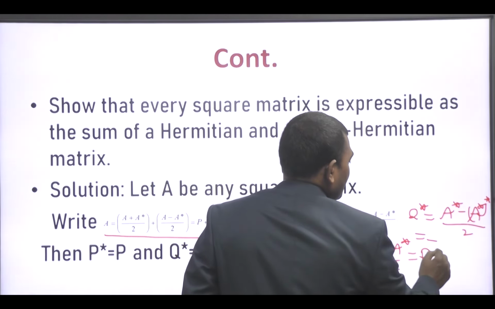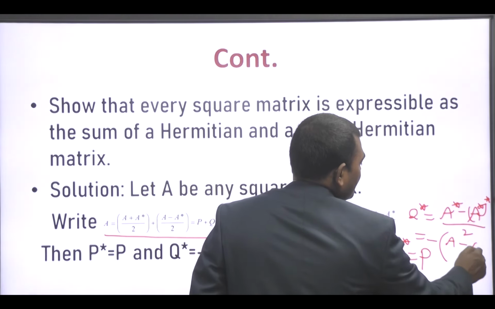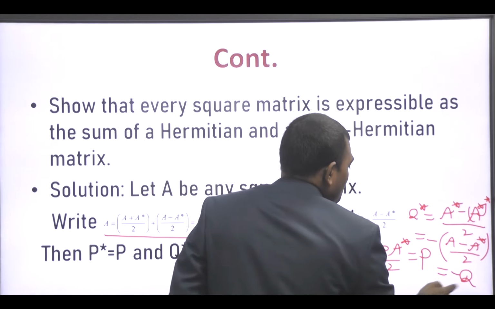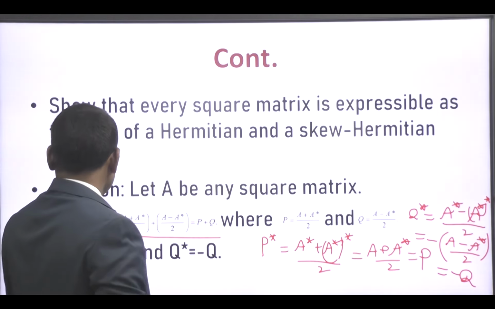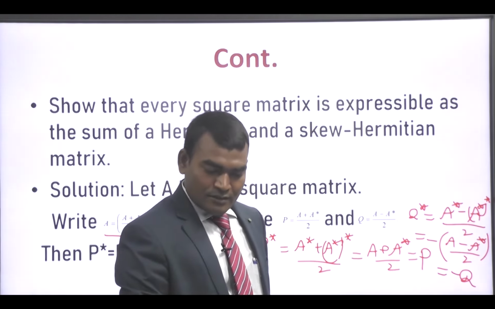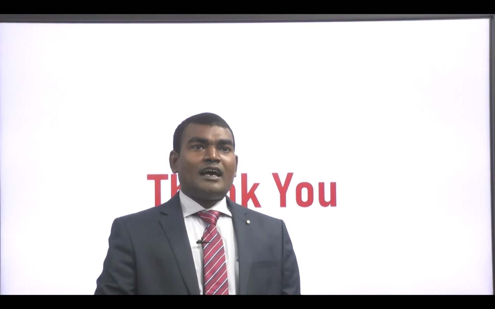Taking the minus sign common, it will be equal to minus of A minus A star by 2, this is minus Q. So Q is a skew Hermitian matrix. So in this way every square matrix can be expressed as a Hermitian matrix plus a skew Hermitian matrix.